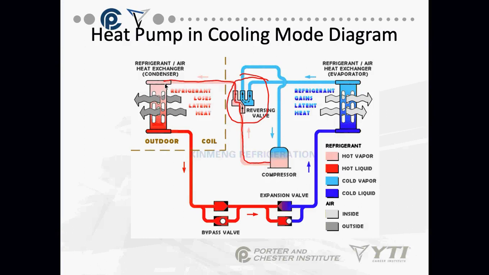This is in cooling mode. We come out of the compressor, through my reversing valve to the outdoor unit. We discharge heat to the outside. We come back with our liquid line, and we go through our bypass valve.